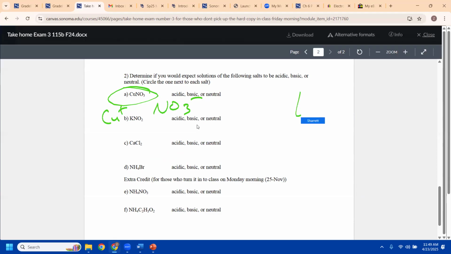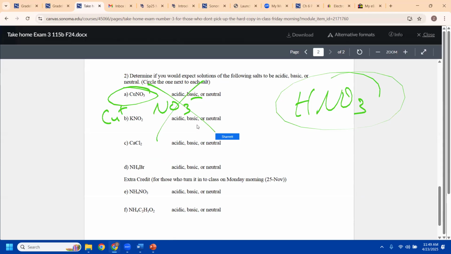The NO3 comes from nitric acid. Is that a strong acid, Ricardo? You got the list? Is that a strong acid? So that means that this is pH neutral. Is Cu plus coming from a strong base? No. That means it is going to be acidic.